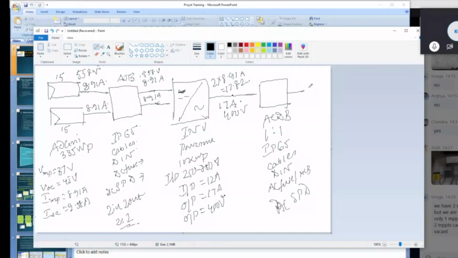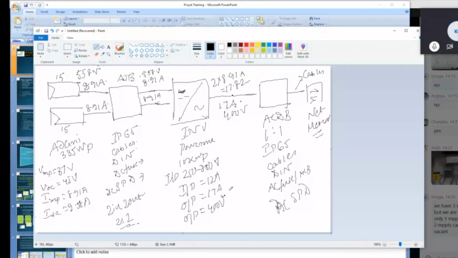Lastly, we will be connected to a net meter. We have already discussed the net meter in the previous class. So lastly, we are going to connect it to the net meter or our load. If you don't want to connect it to the grid, we can connect it to our load. These are basically cables, so another component we are getting is cables.